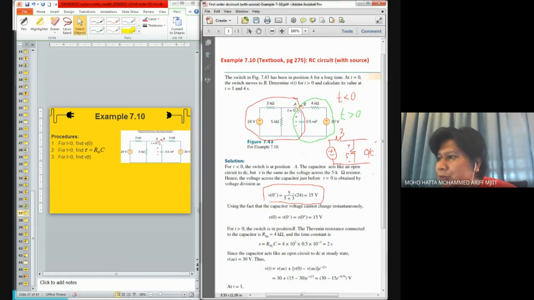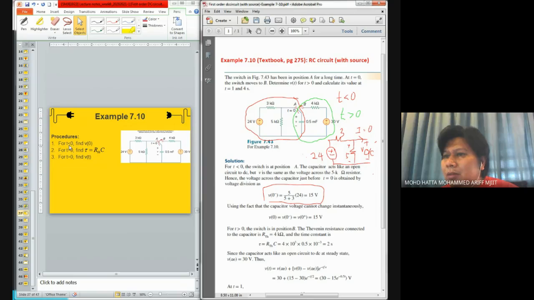That's why it used voltage division over here, because here is 24 and the current is equal to 0 because of open circuit, and the voltage you see over here is basically the same as the voltage for this 5 kilo ohm resistor. So the voltage across here is considered as our initial voltage of the capacitor.